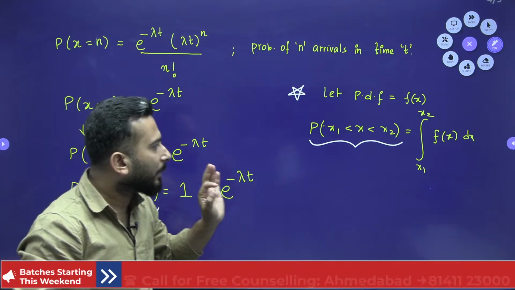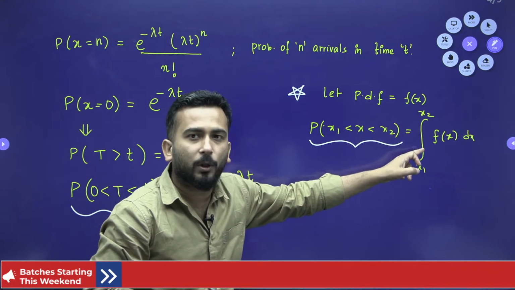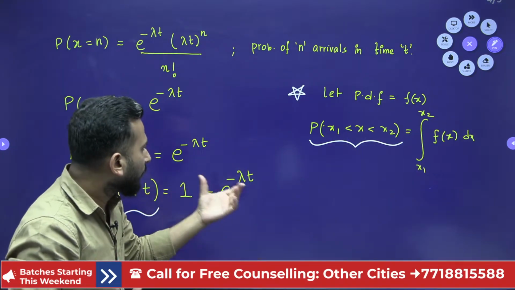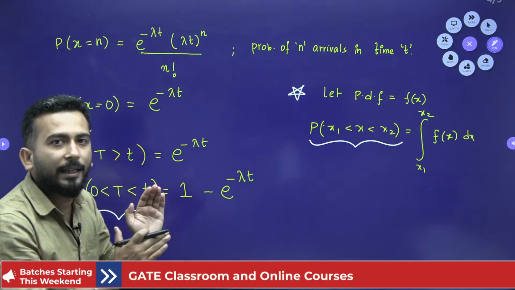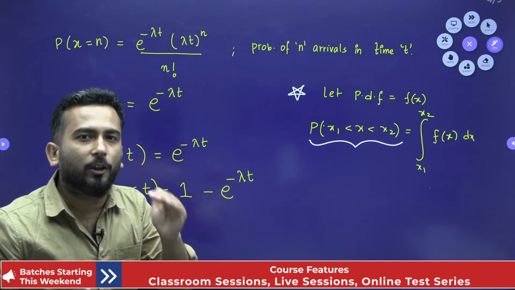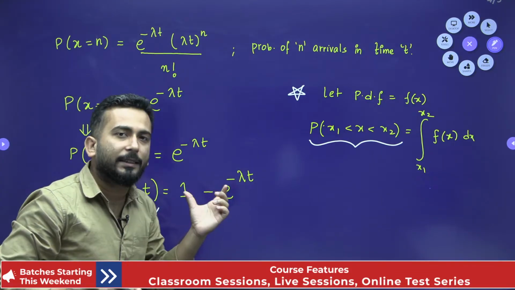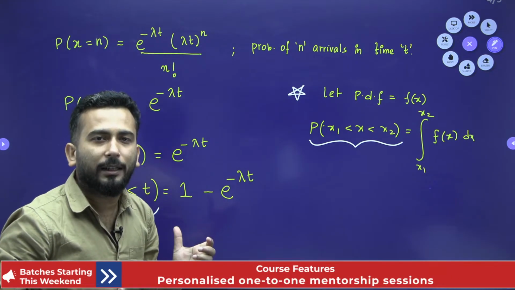Whatever you are getting after integrating a certain function, here also the expression I have in hand, I must have got after integration of a certain function. That is why, my dear friends, this is the cumulative function. This is the integrated function.